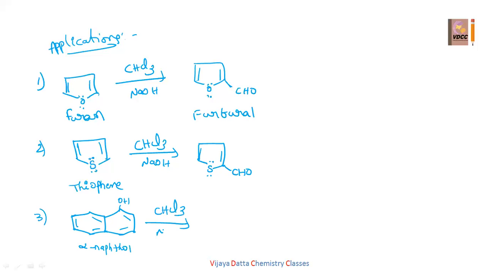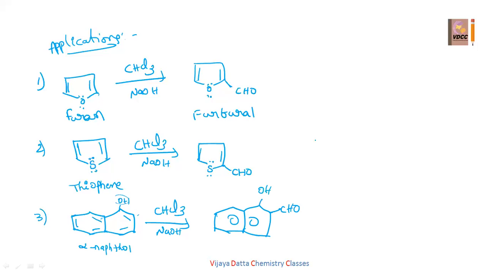An alcoholic group is there, and obviously the ortho position to the OH is the ring bridge, so we have to take this one. At the ortho position you have to take the CHO, with the OH present.